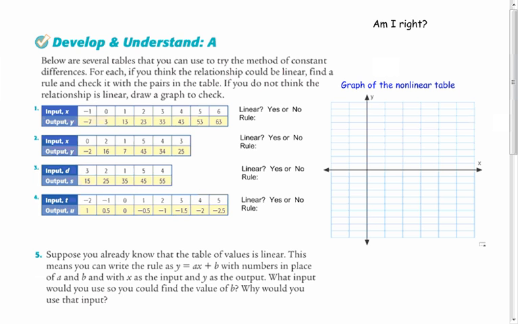And let's try a couple more here. So again, we're going to guess whether we think it's linear or not. And I'll do a couple here again. In this first one, we can see that the inputs all go up by 1.